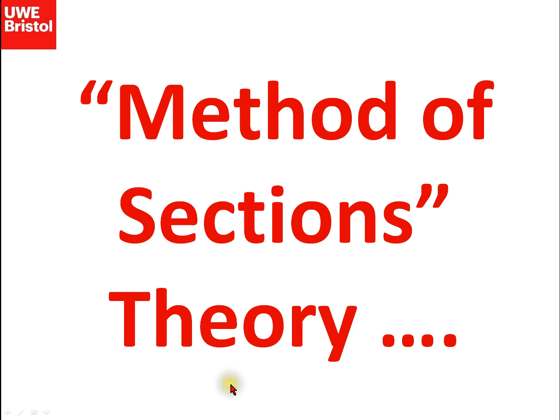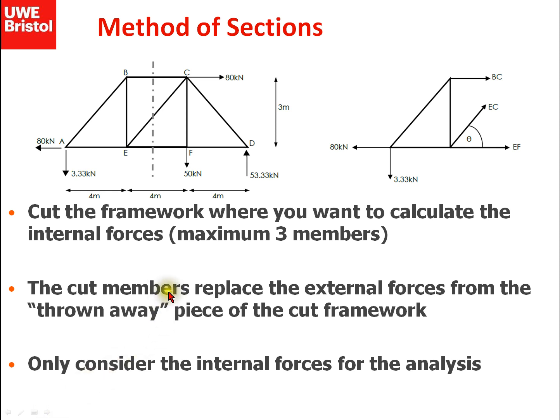So first let's look at the theory behind the method of sections. It's similar to the method of joints in the sense that with the method of joints we're saying if we cut around a joint, that joint cannot move, assuming of course that we're dealing with a pin jointed framework.